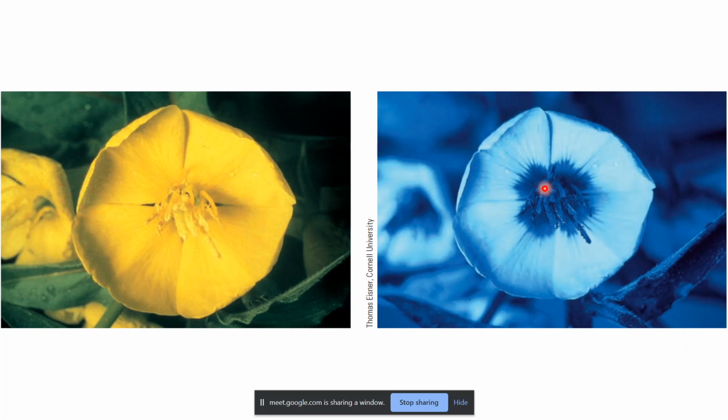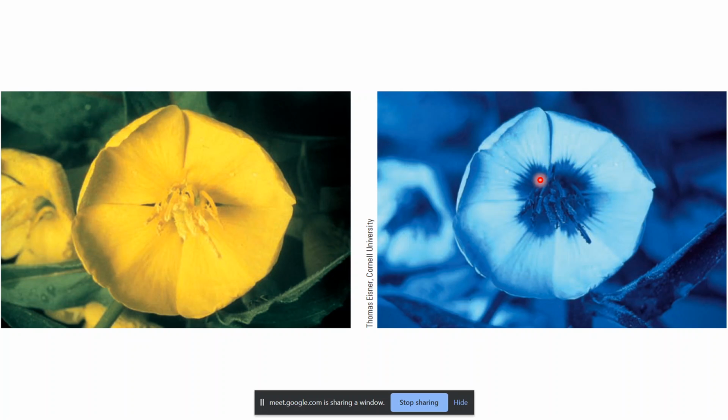Many flowers have dramatic ultraviolet markings called nectar guides that may or may not be visible to humans, but that direct insects to the center of the flower where the pollen grains and nectar are, like in this flower.